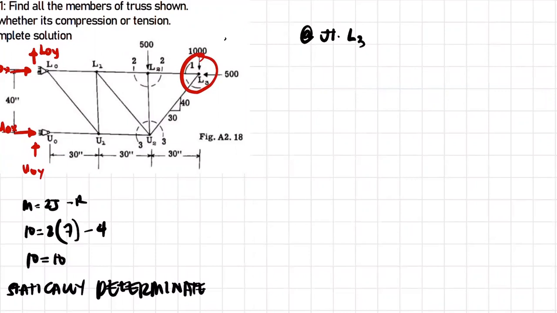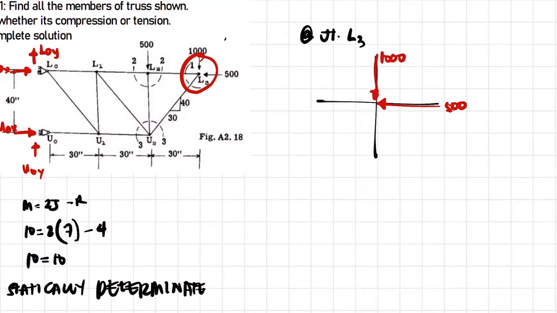we have 500. This one is your 500, with no units. And then 1,000.